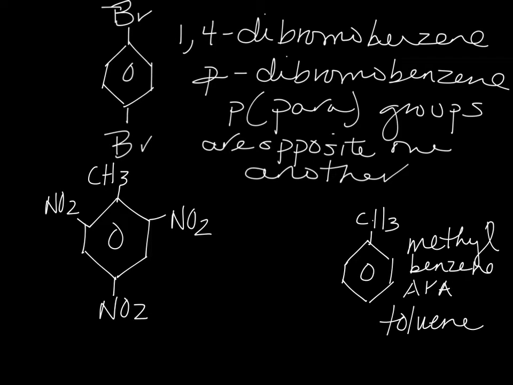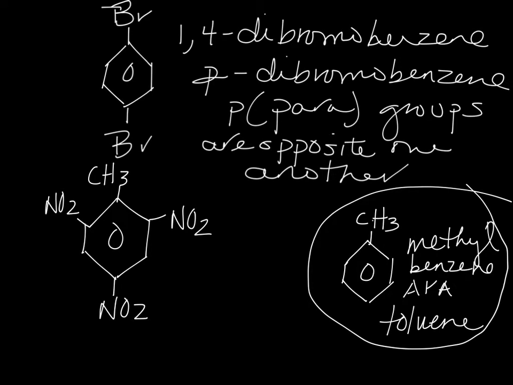So it has a couple of different names depending on how you're naming it. So I wanted to show you this first because you see this structure in this one. If I take away my NO2s, I've got methylbenzene, also known as toluene. So I'm going to realize that, and then I'm just going to name everything else.